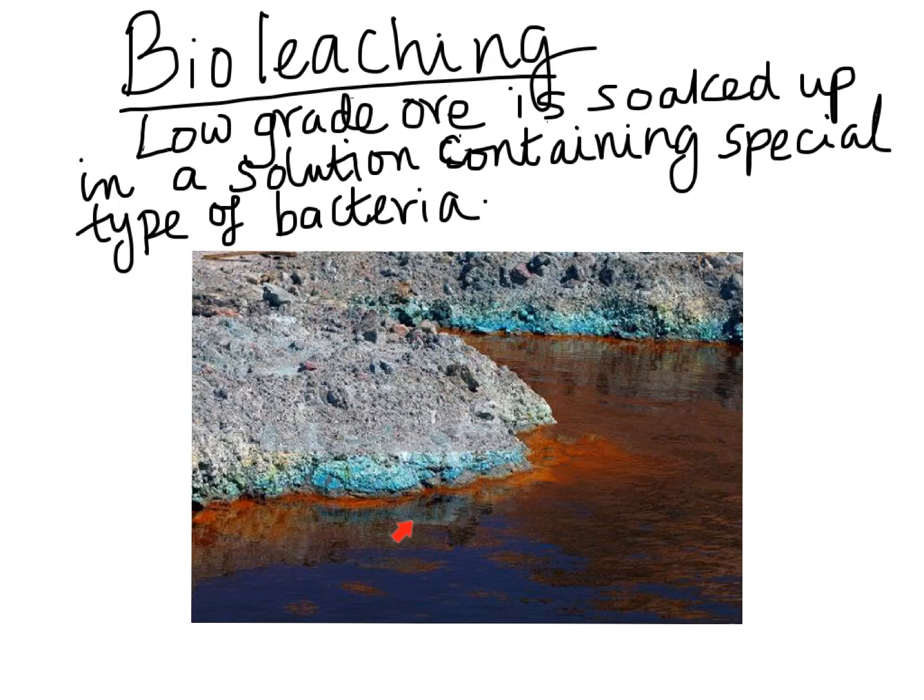From the solution, as you know, it is quite easy to get the copper metal either by electrolysis or by displacement with scrap iron, as you've seen before. Another thing that you should be able to say is that these solutions are called leachates.